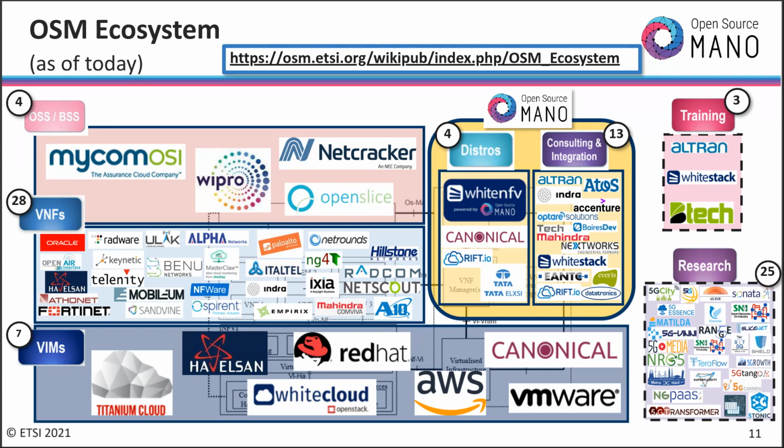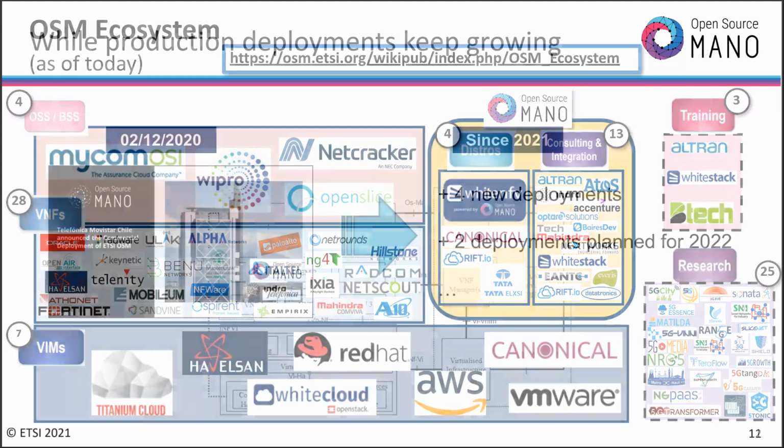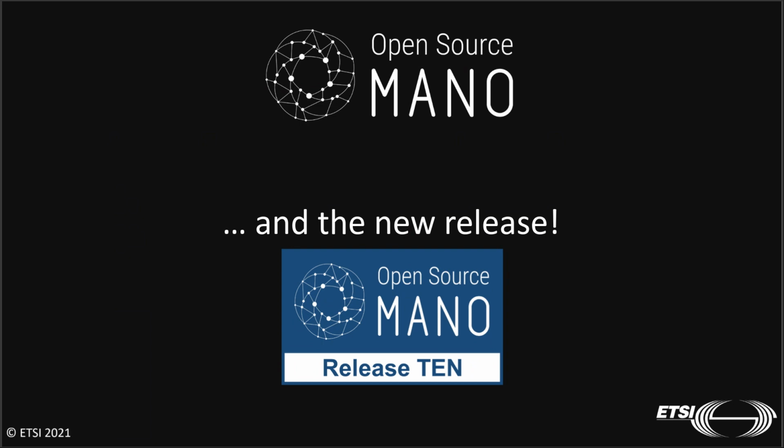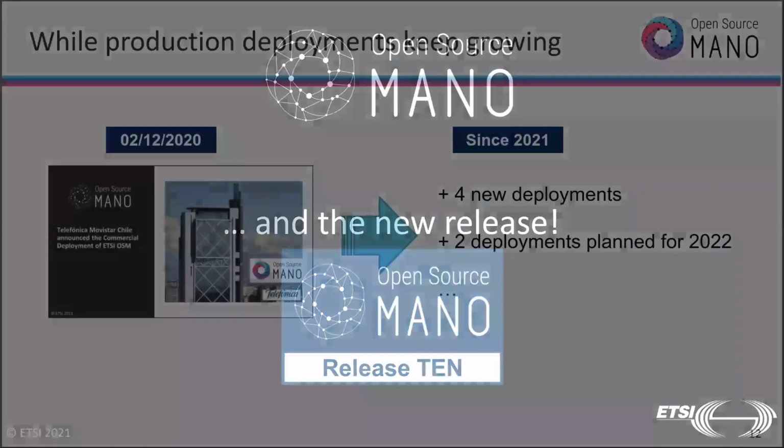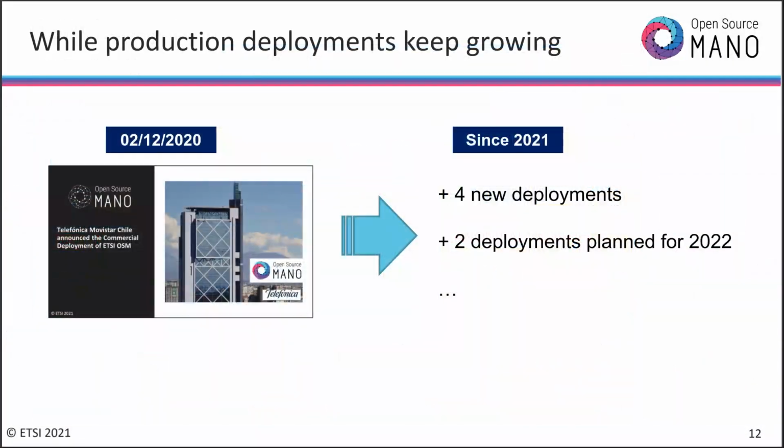There are more different distributions offering an OSM distro that can be supported. A large number of companies can provide consulting and training, of course, and a number of types of infrastructure are supported, and it's the main choice for most of the research projects in this area.